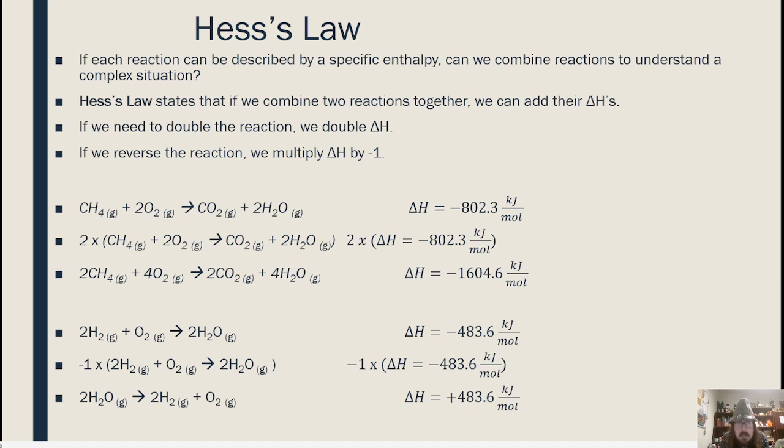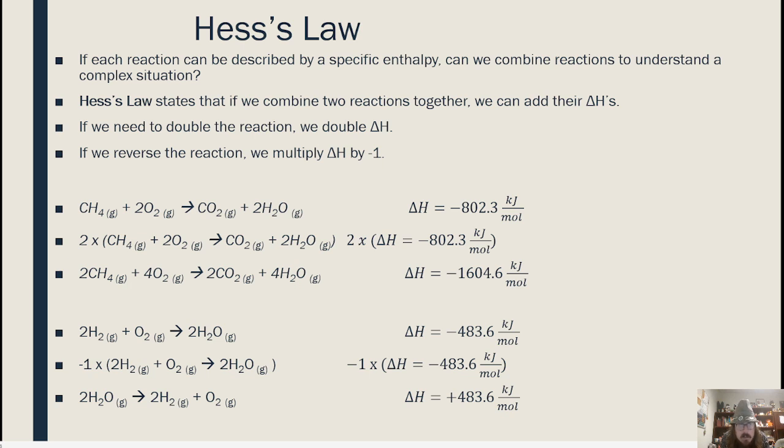Hess's law simply states that when you combine 2 chemical reactions together, the enthalpy of the new chemical reaction becomes the sum of the enthalpies of the combined chemical reactions.